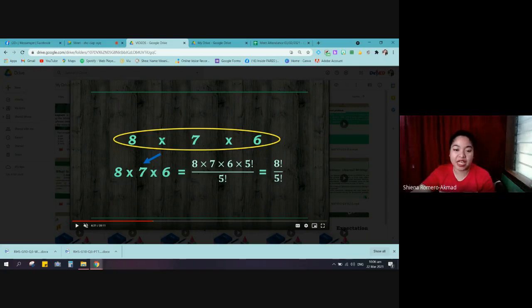Then we simplify it. In the numerator, you'll see that this is actually 8 factorial, and the denominator is 5 factorial.